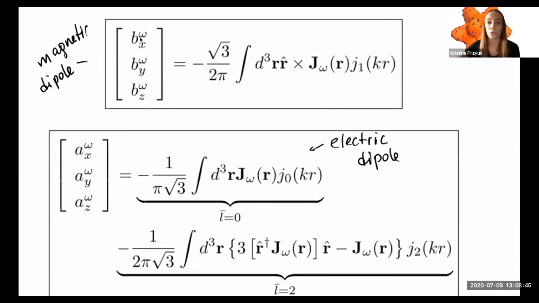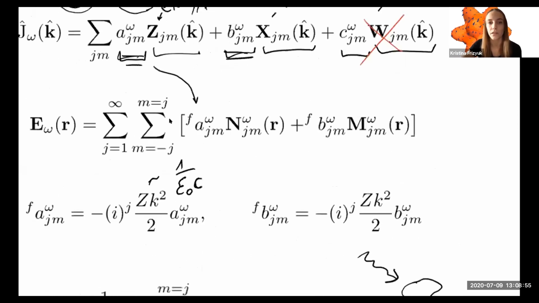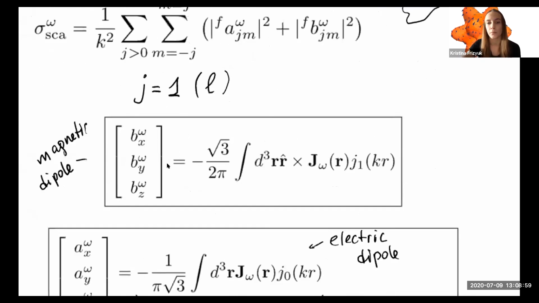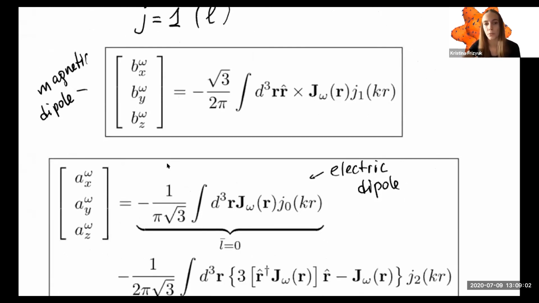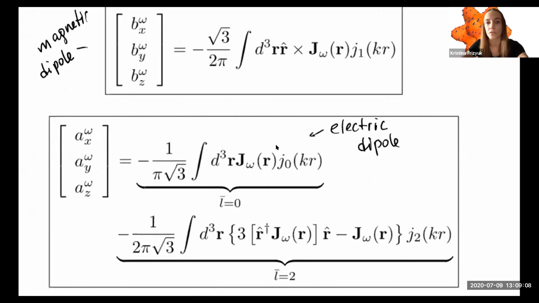And you can note that here you have X, Y, and Z, and here you have X, Y, and Z. And as you remember, here we had spherical indexes, but the connection between them you can find, for example, in the appendix.